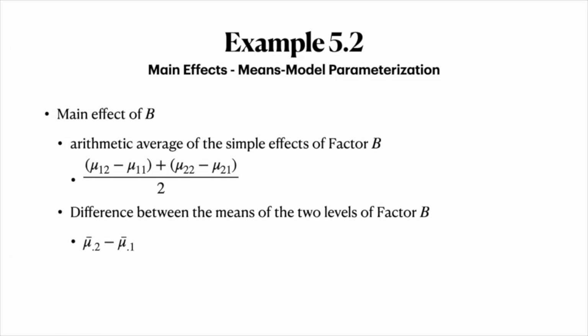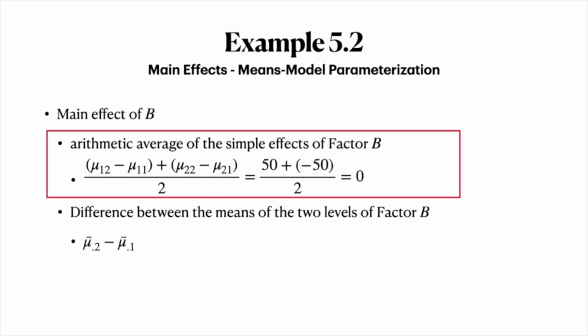All right, next, let's calculate the main effect of B first as the arithmetic average of the simple effects of factor B. So the simple effects of factor B are mu12 minus mu11 and mu22 minus mu21.